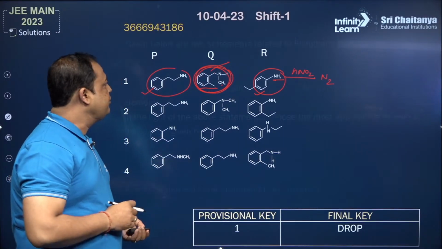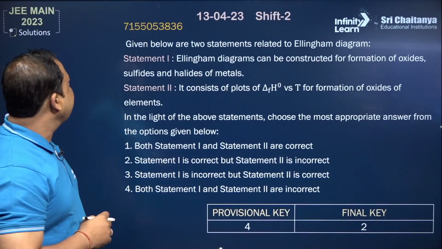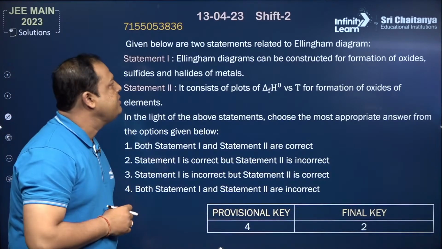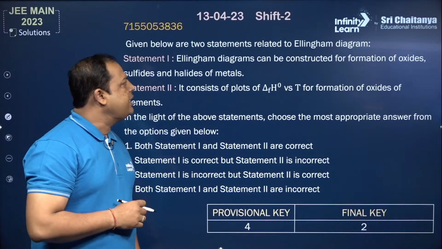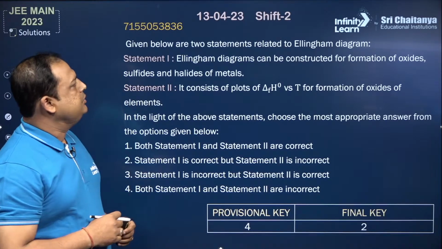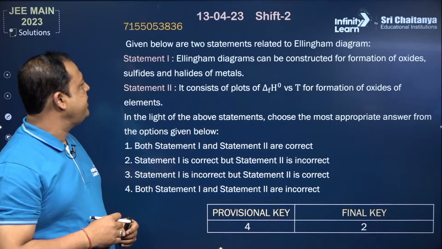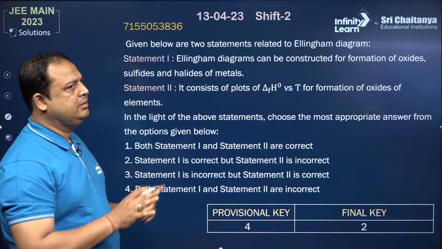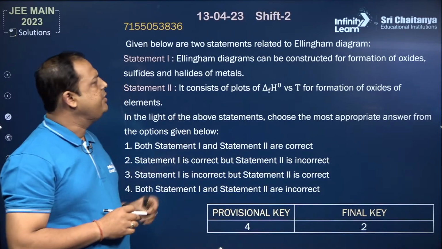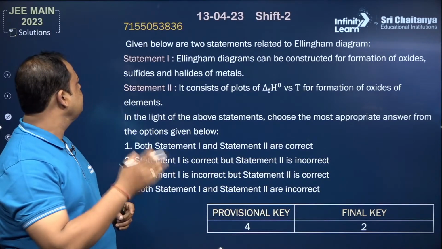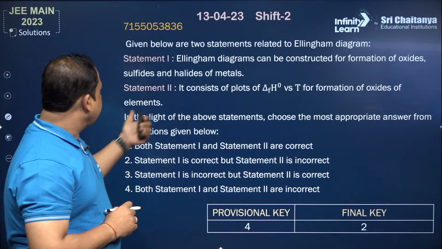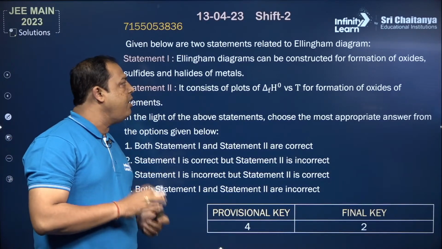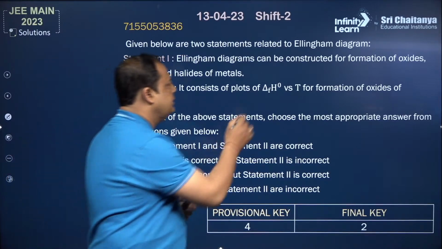Now come to the next question. Given below are 2 statements related to the Ellingham diagram. Statement 1: Ellingham diagram can be constructed for formation of oxides, sulfides, halides of metals. Correct, this is applicable for oxides, sulfides, halides of metals. Now statement 2 says it consists of plots of delta H_f naught.